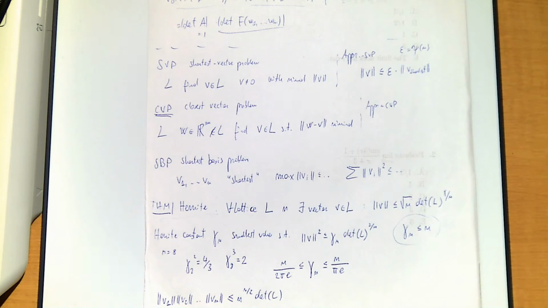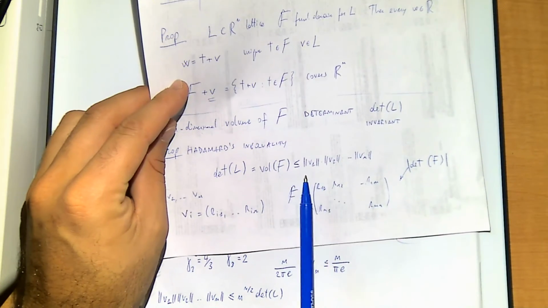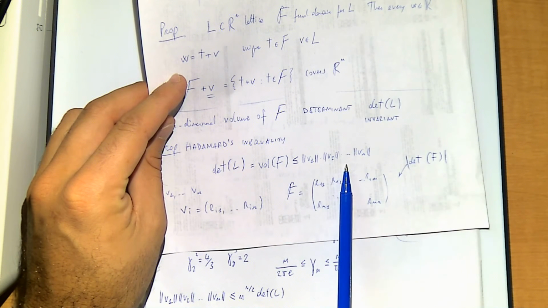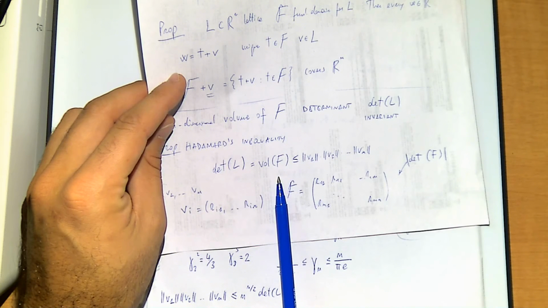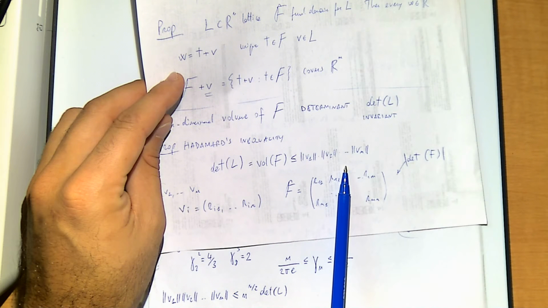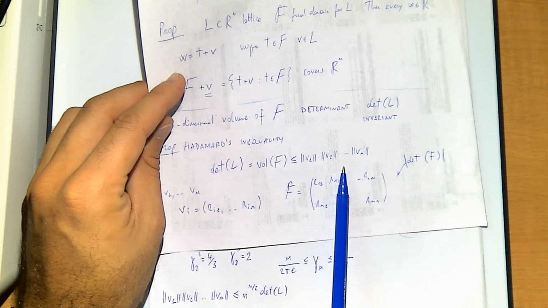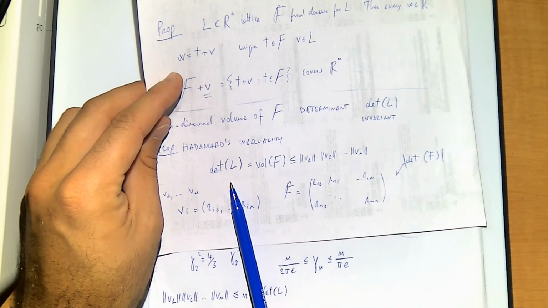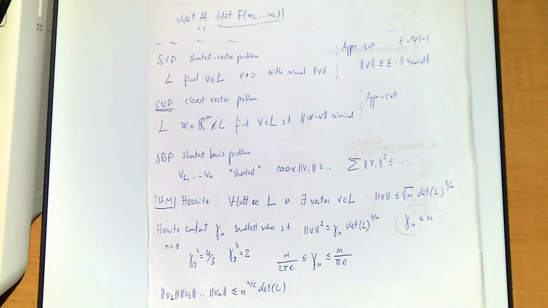One thing that we do know is the Hadamard inequality that I think we talked about last time. Remember that the product of the norms is always at least as big as the volume, or the determinant is less than that. You get the maximum when they're all orthogonal. So the product of the norms is greater than the determinant of L, if you look at it the other way around.